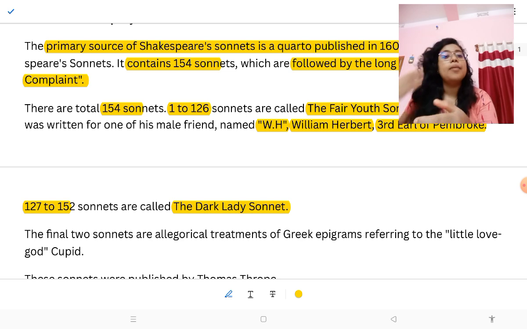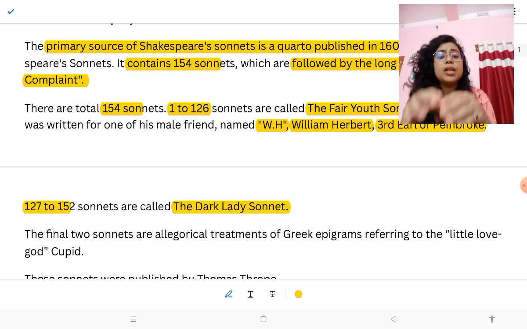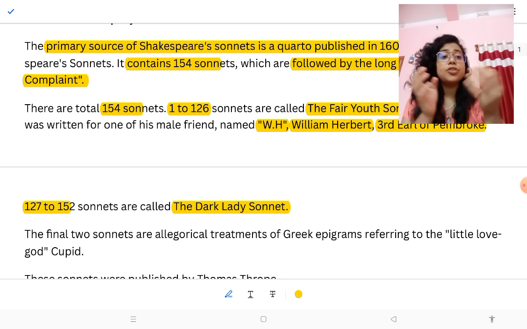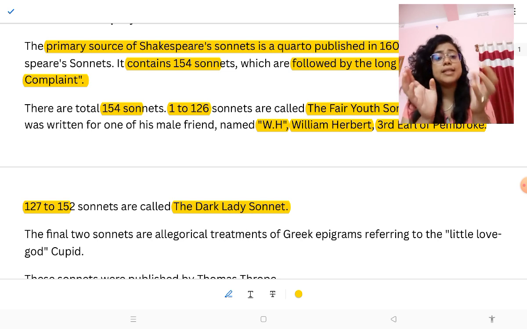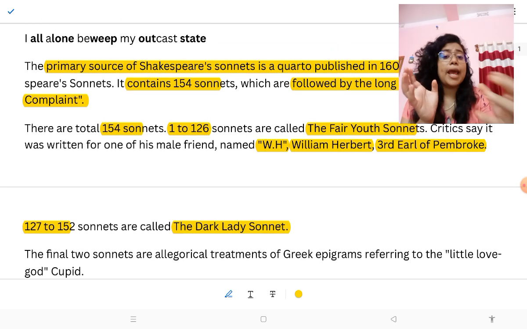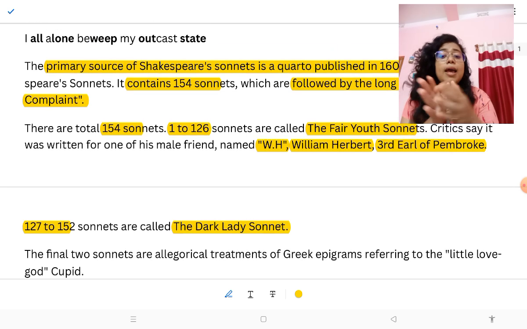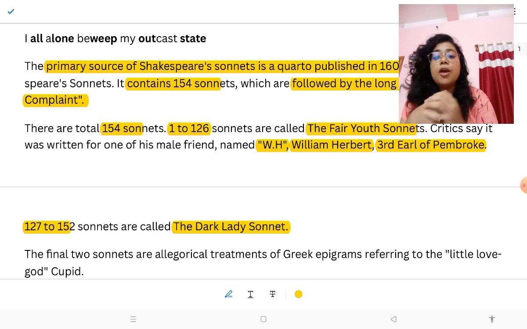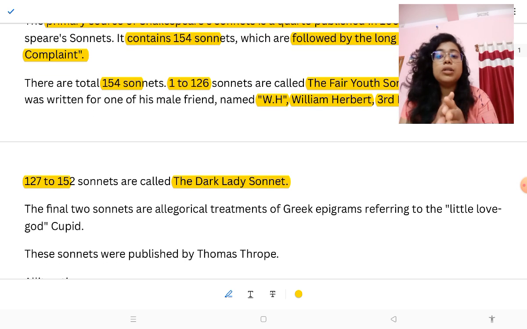Nobody knows, and nobody knows whether she even existed. Someone says she can be the servant of the earl, and it was also not sure that she had dark skin color. Shakespeare dedicated these sonnets to his Dark Lady.